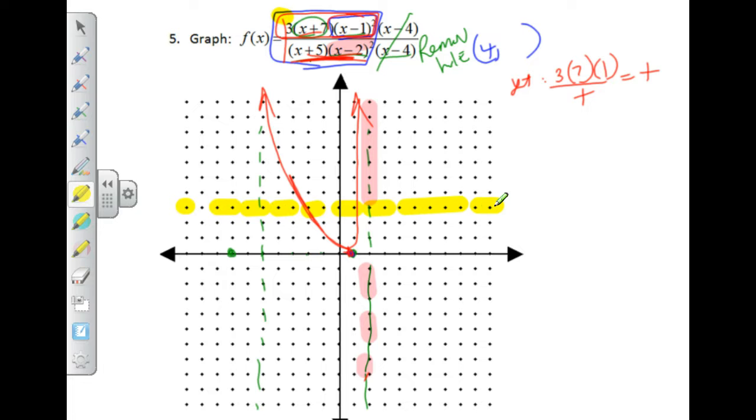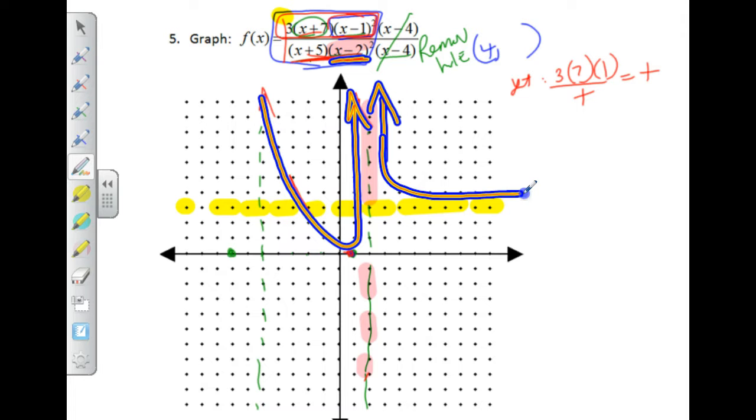So now when I start drawing the function, I know I've got this bouncing at 1, goes to infinity. This causes the volcano, because I have a double asymptote here, approaches the y asymptote of y equals 3.